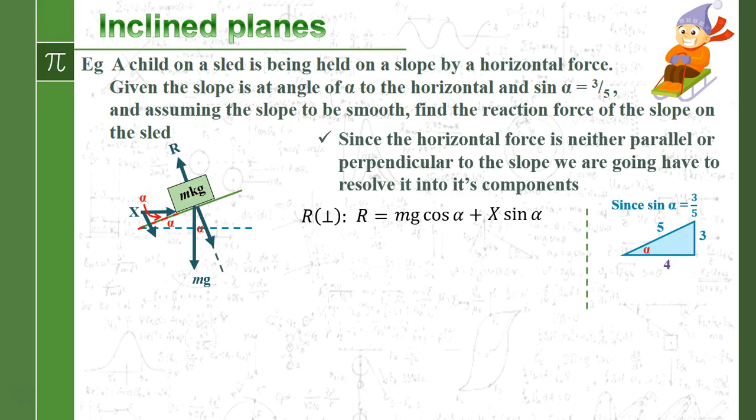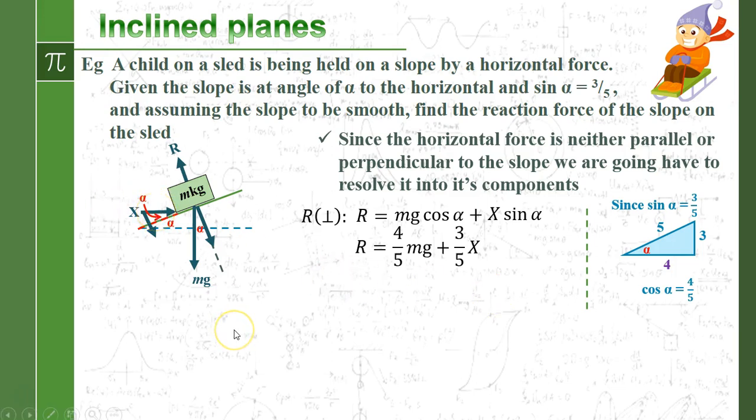That side there has got to be a 4, which means that cos alpha is 4/5. So if we now put those values into our equation here, that's 4/5, that thing there is 3/5, and so that's what we've got. Now, we need to find the reaction force, and at the moment we've got it in terms of X, which is this horizontal force, so let's see if we can do something about that.